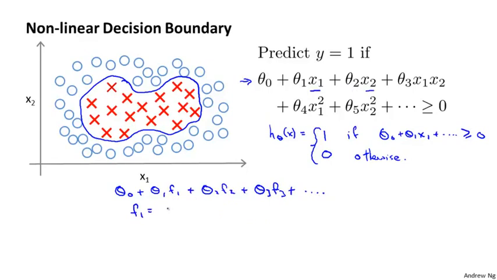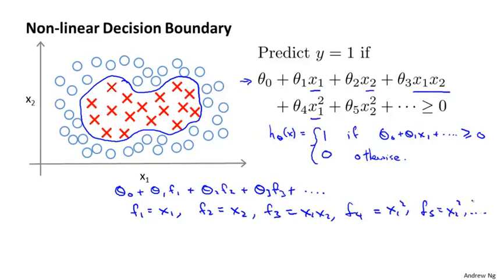So f1 is just equal to x1, f2 is equal to x2, f3 is equal to x1 x2, f4 is equal to x1 squared, f5 is equal to x2 squared, and so on.